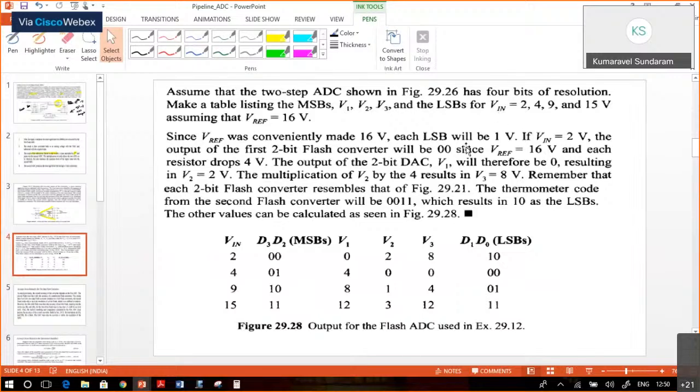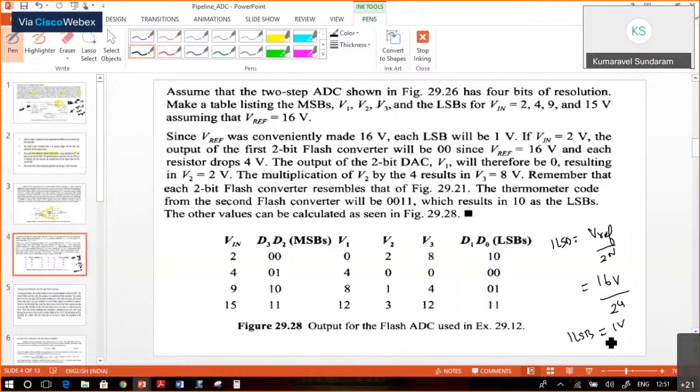So each LSB will be 1 volt, because 1 LSB is equal to Vref by 2 power n. Vref is 16 volts, 2 power n is 16. So 1 volt is the resolution, 1 LSB.